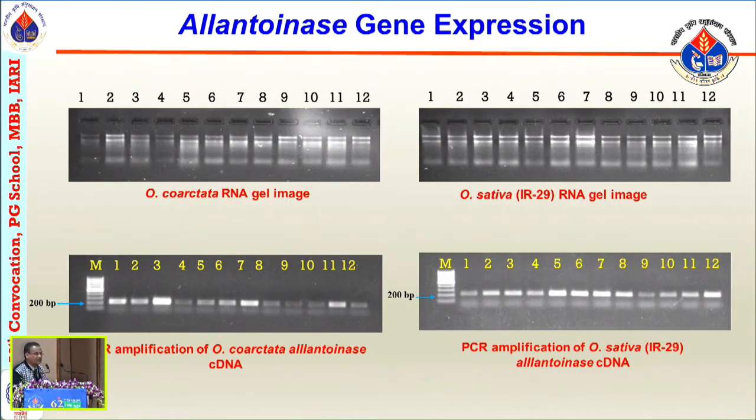He isolated total RNA from the leaves and roots of Oryza coarctata and also cultivated rice cultivar IR29 under normal and salt stress conditions, converted it to cDNA, and then checked amplification of partial cDNA of the gene encoding allantoinase that catalyzes the penultimate step of that urate pathway.